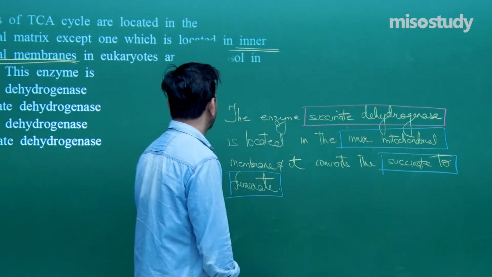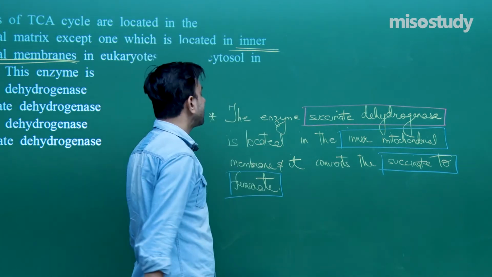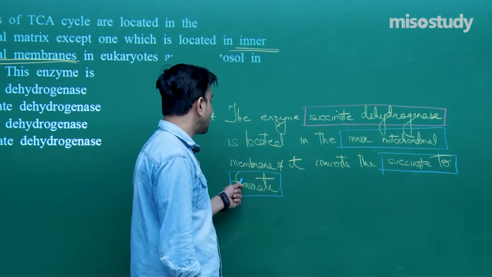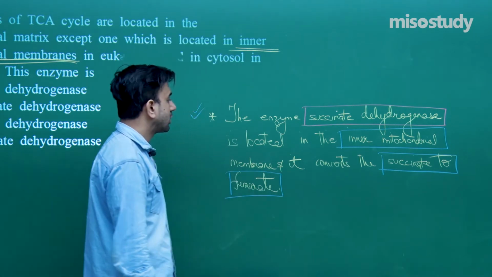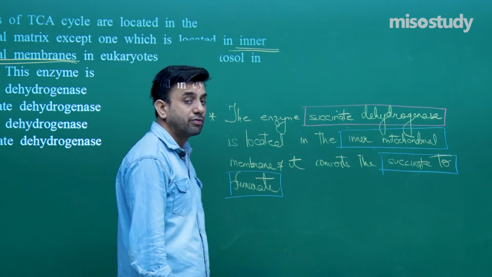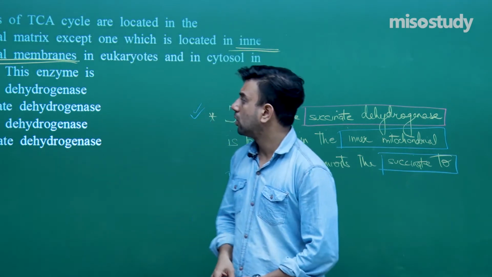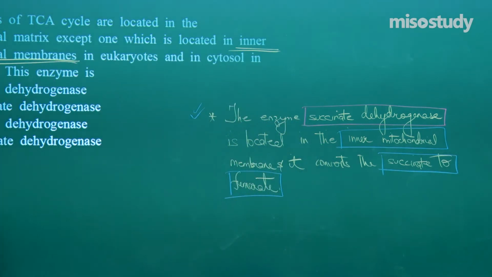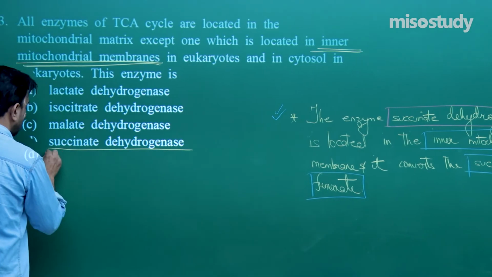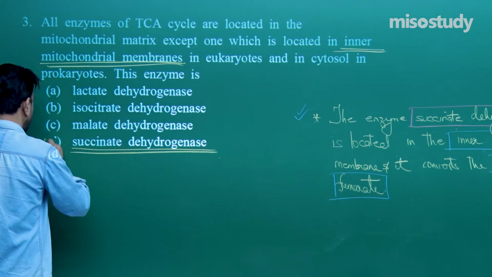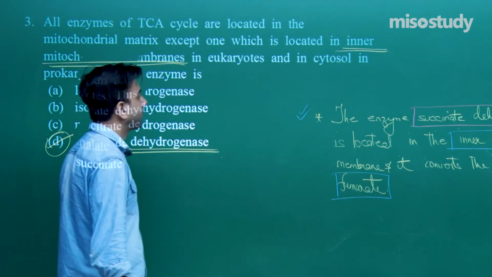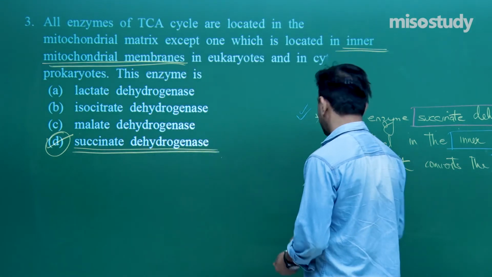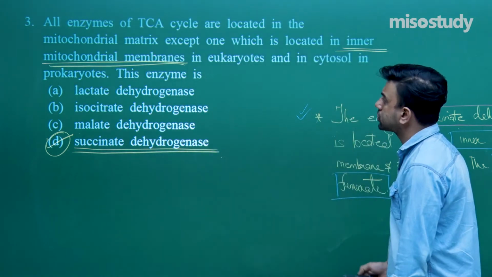So the enzyme succinate dehydrogenase is located in the inner mitochondrial membrane, and it converts the succinate to fumarate. Okay. So the answer for this will be succinate dehydrogenase. We move on to the next question.